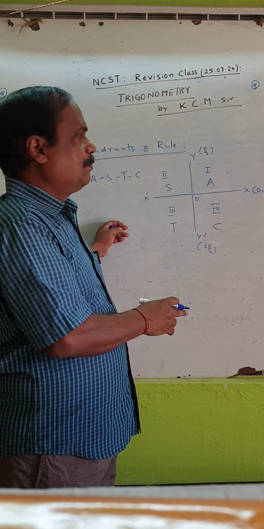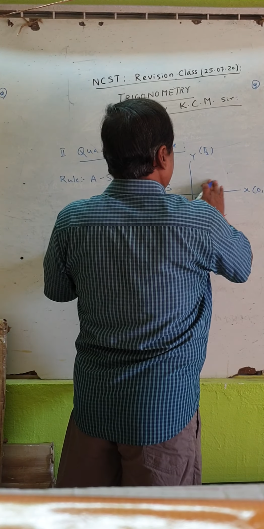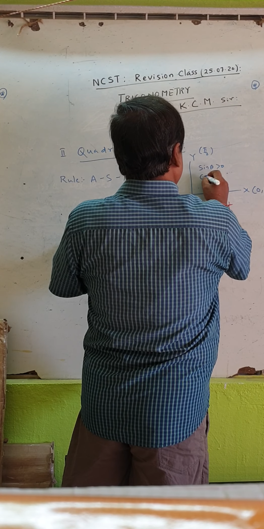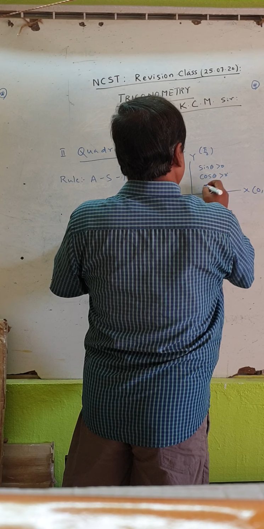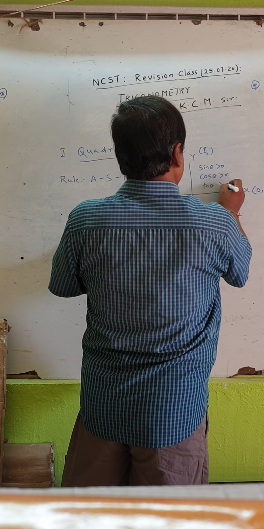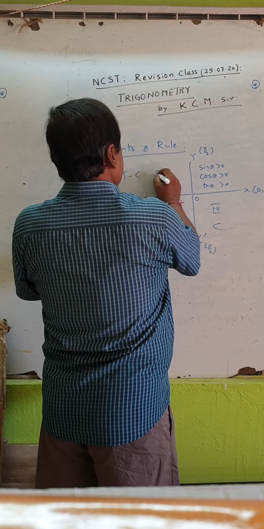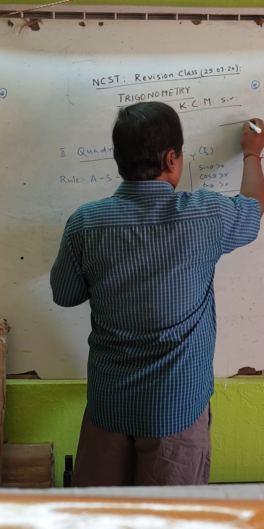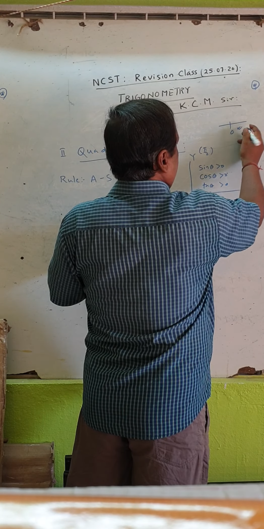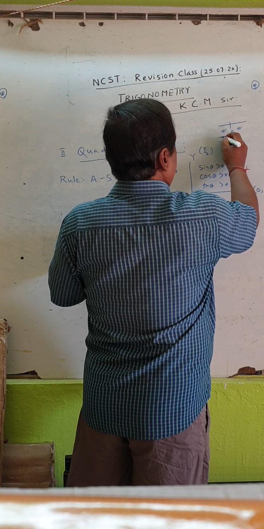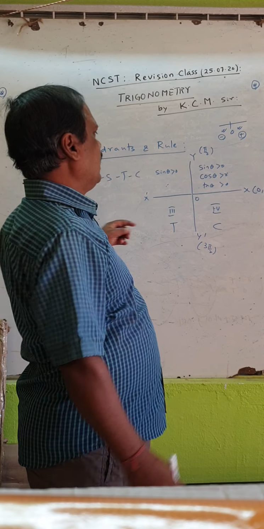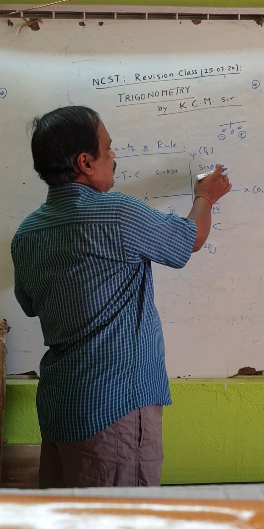The other four are negative. I can write that sin theta is positive, cos theta is positive, tan theta is also positive. Here sin theta greater than 0 means positive, and less than 0 means negative. So symbolically we write greater than 0. Sin theta greater than 0 means sin positive, cos positive, tan positive.